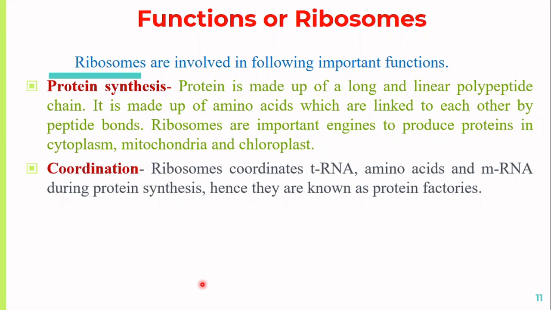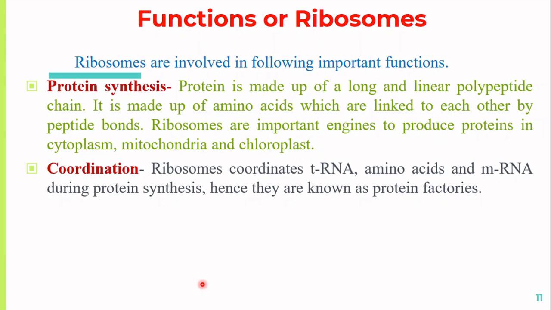The next function of ribosomes is coordination. Ribosomes are very important machinery. They assemble different components required for protein synthesis. They include tRNA, amino acids, and mRNA, so they are known as the protein factories.